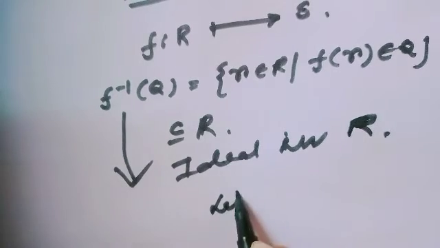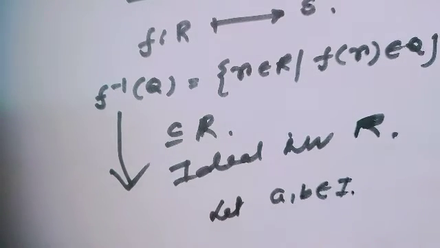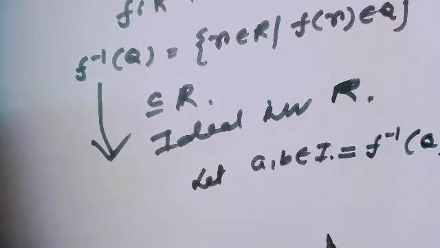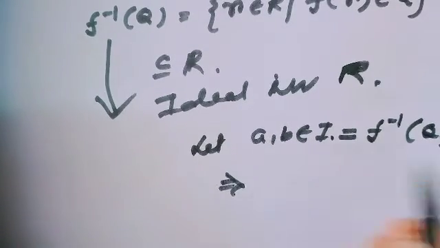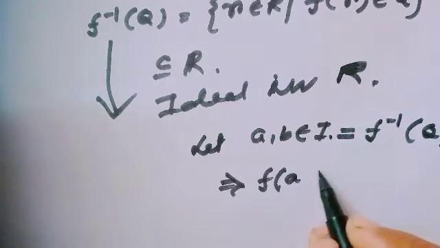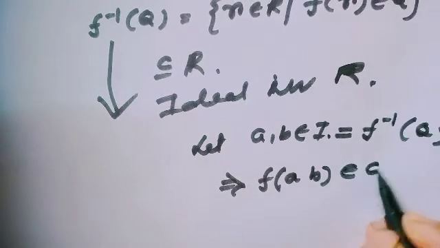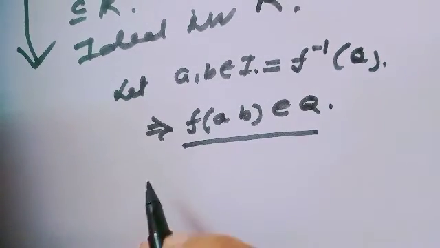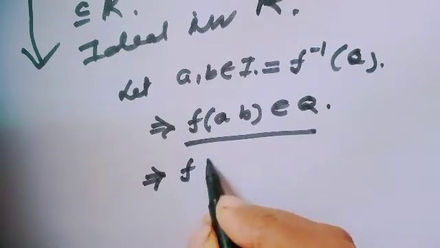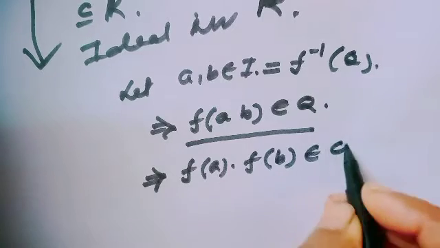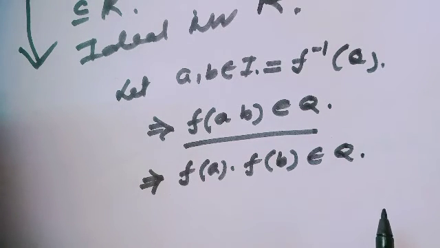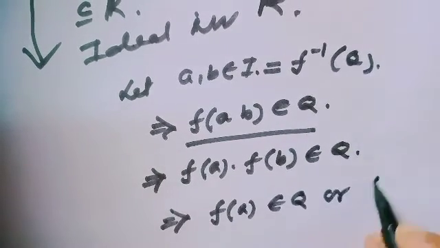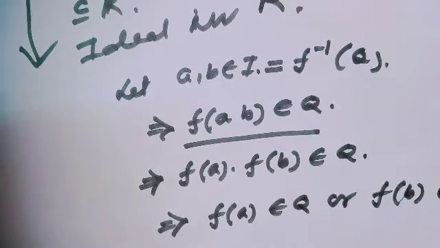For this, let a and b belong to R, with the ideal I equal to f inverse of Q, such that a times b belongs to I. That means f of a times b belongs to Q, and by the property of ring homomorphism we can write it as f of a times f of b belongs to Q. Since Q is a prime ideal, either f of a belongs to Q or f of b belongs to Q. Are we getting the idea?